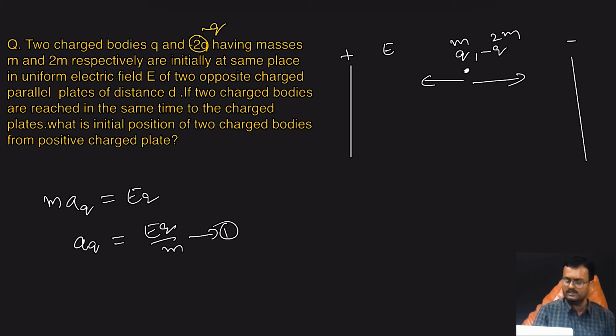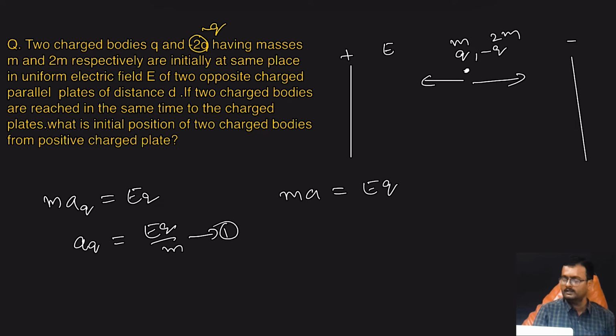Now the other one. The force on minus Q is E into minus Q. I don't take the minus here because I want only the magnitude, that is EQ. F is equal to ma.